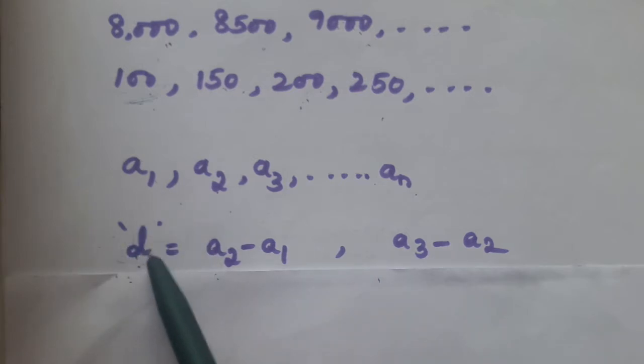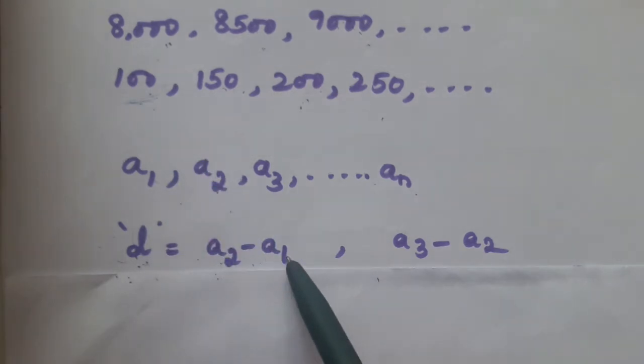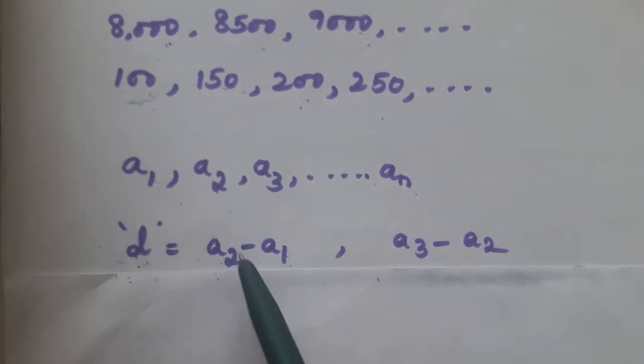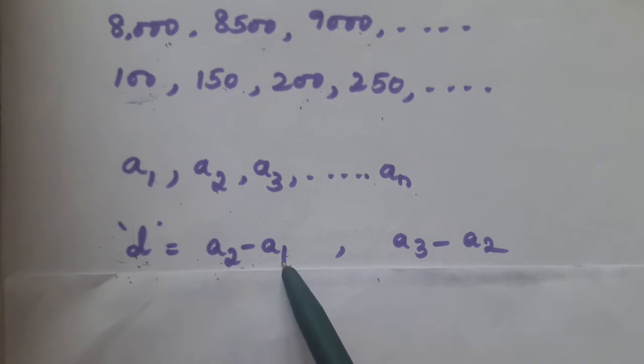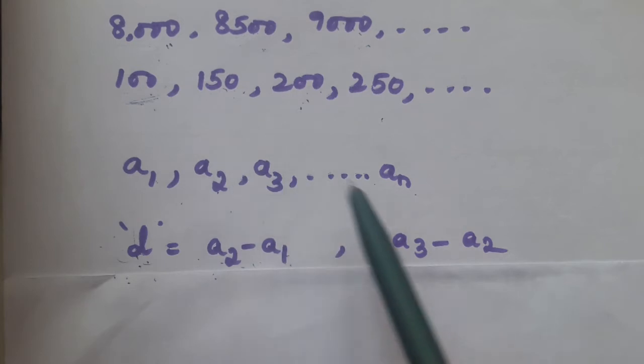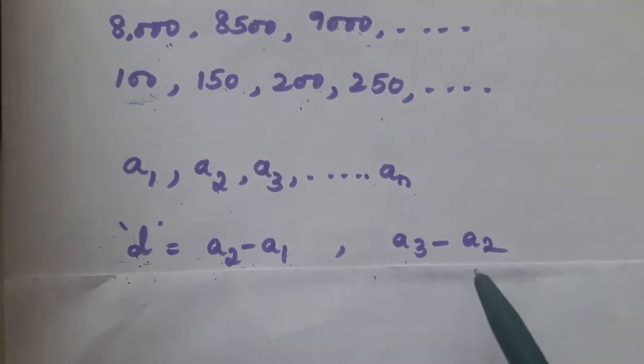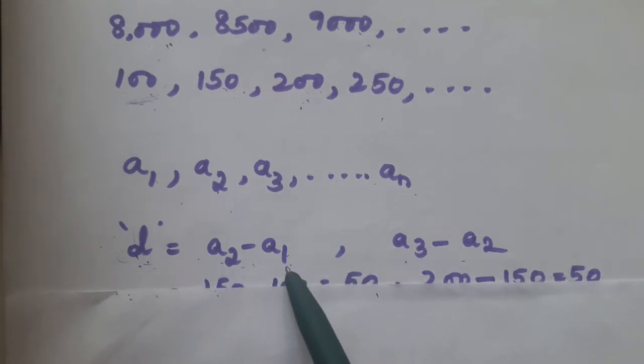Small d is equal to a2 minus a1, that is, the second term minus the first term. Then third term minus second term, then also we will get the common difference. Then fourth term minus third term, then also we will get the common difference. This is how we find the common difference.